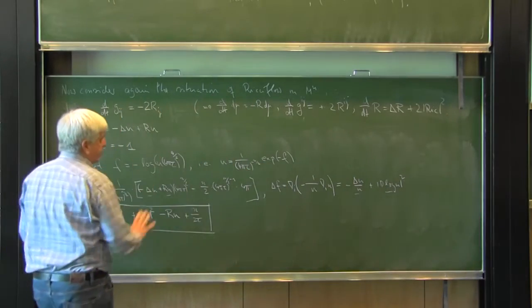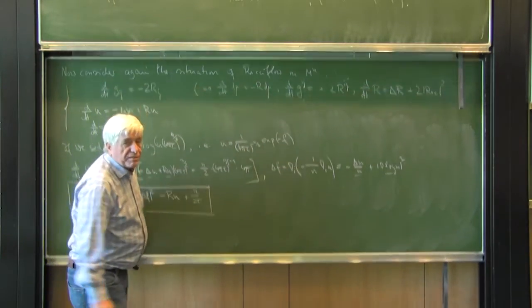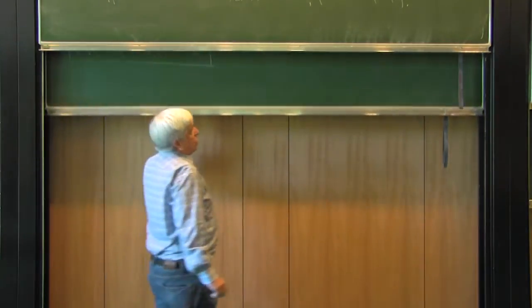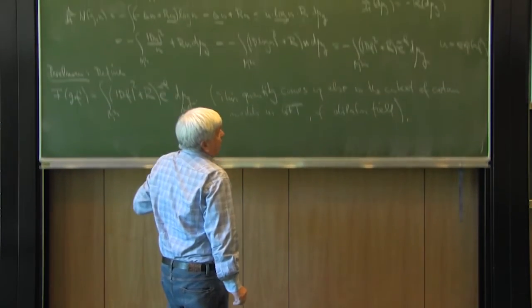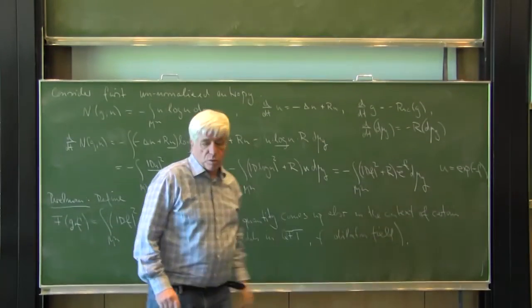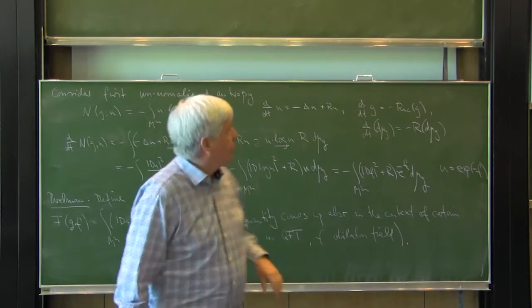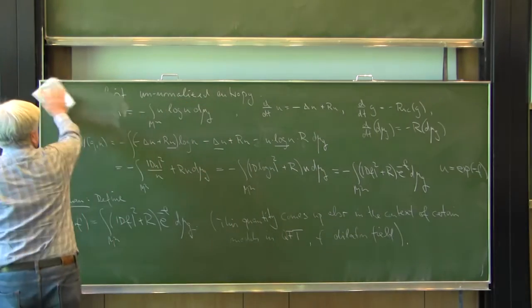Okay, so all the ingredients are on the board. Now it becomes a long exercise to actually do the calculations. And I'll just do it for you in part for the F functional.